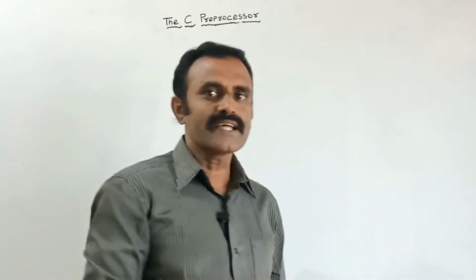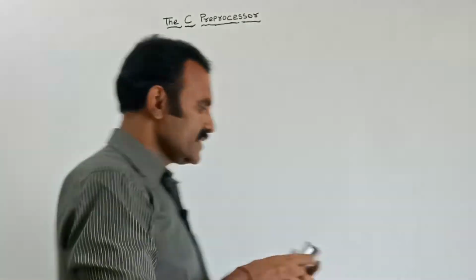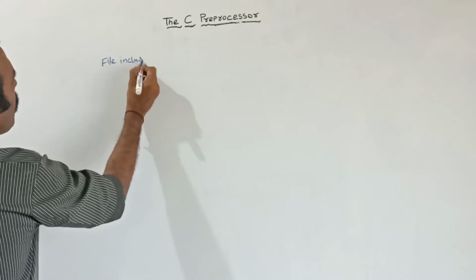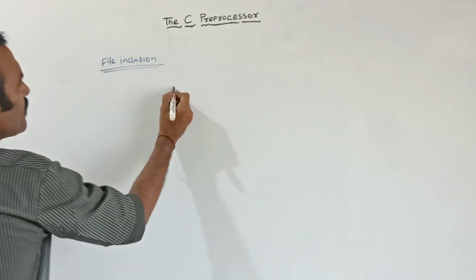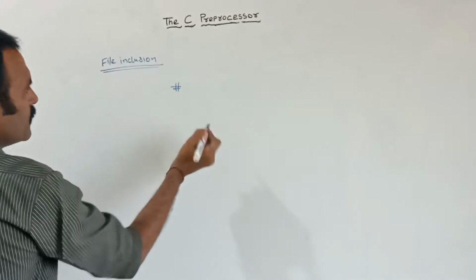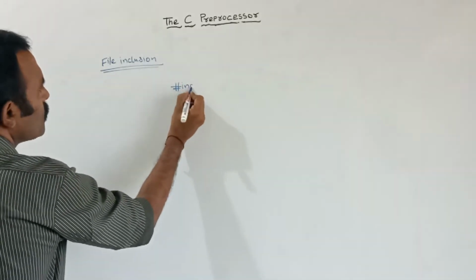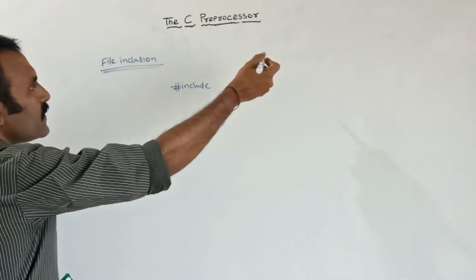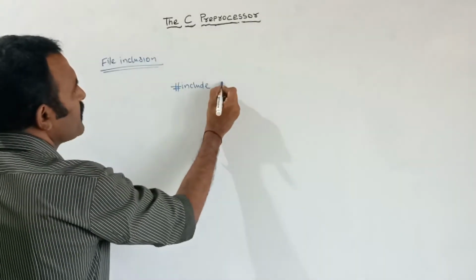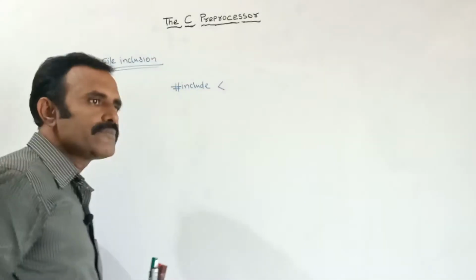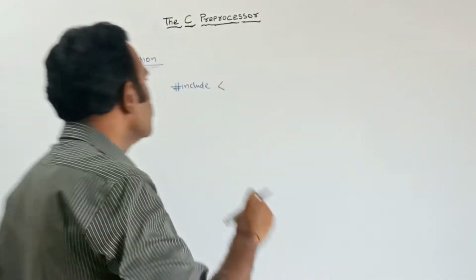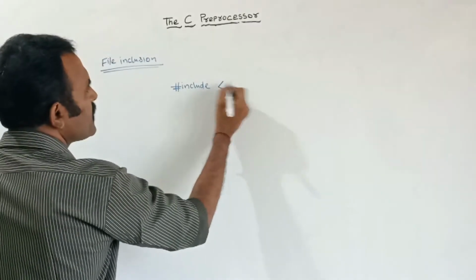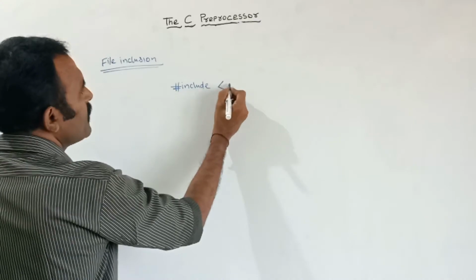So the syntax of the file inclusion is here. First the hash symbol, after that include. By using this include directive, we can include the system files. If we want to include a system library header file, then we should use the lesser symbol and the greater symbol, and within these symbols we should give the file name.